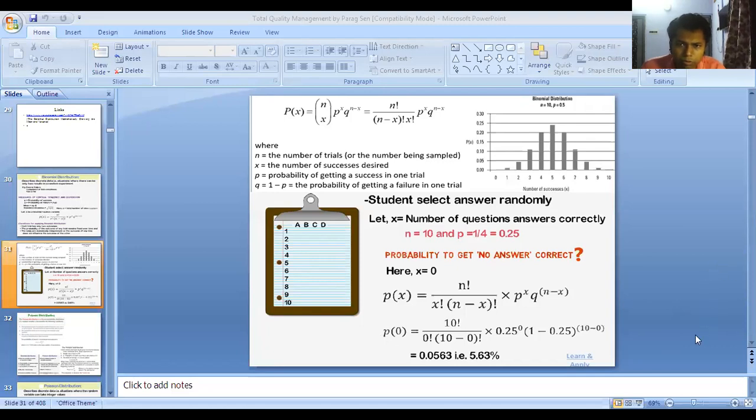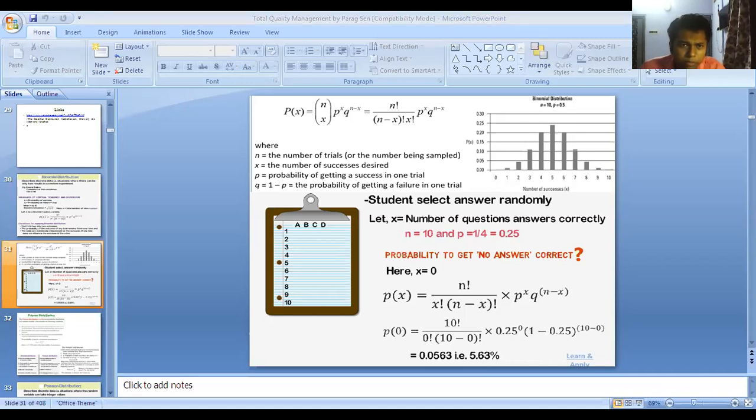Suppose here you can see along the x-axis 1, 2, 3, 4, 5, 6, 7. So what will one represent?